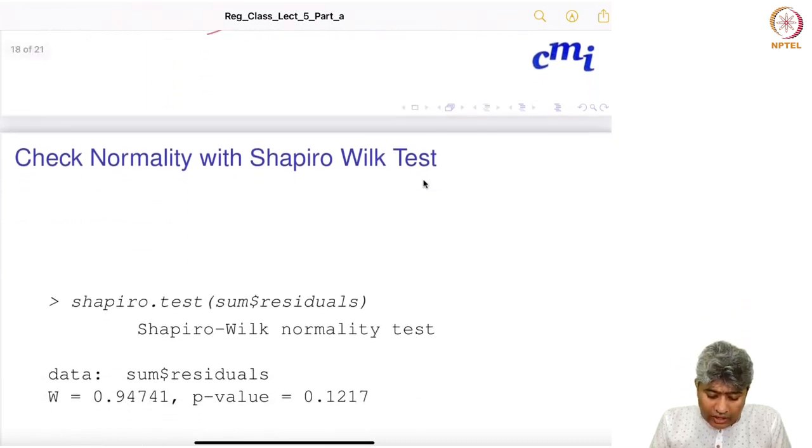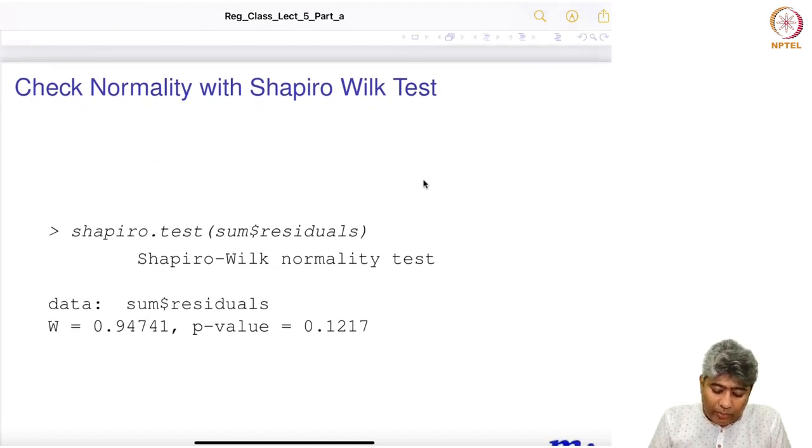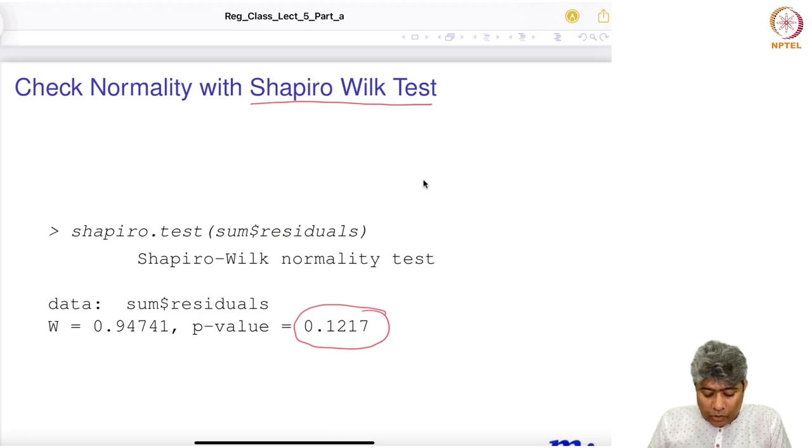Now there is an alternative test, called the Shapiro-Wilk test. When we run the Shapiro-Wilk test, we found that the p-value is 0.1217. So that means the Shapiro-Wilk test failed to reject the null hypothesis.